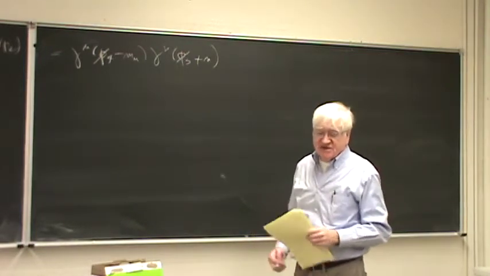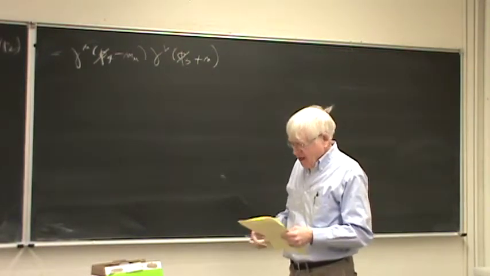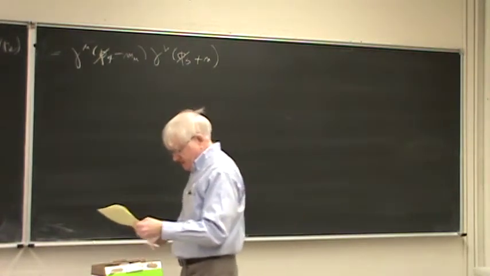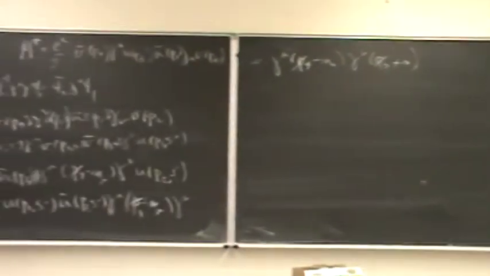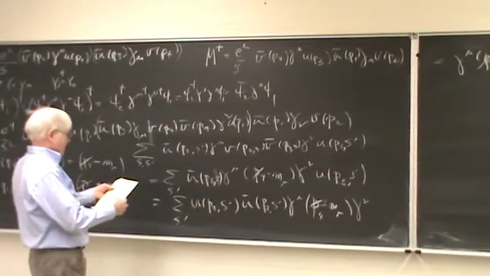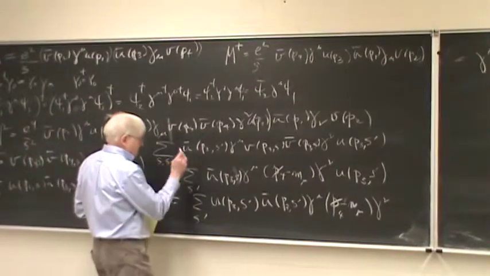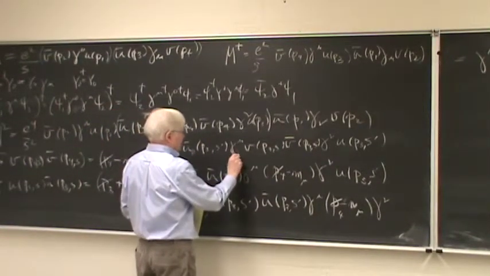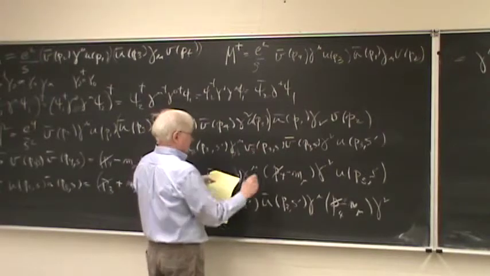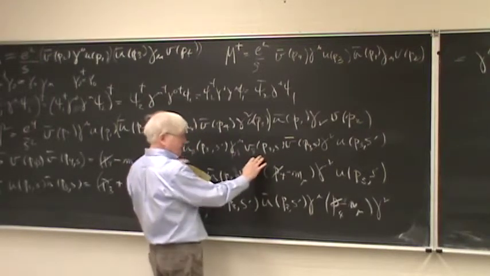It's a product of these gamma matrices. But if we keep track of the indices, let me do that now. So I'm going to put in the spinor indices, beta, delta, delta. So that's a number, okay?